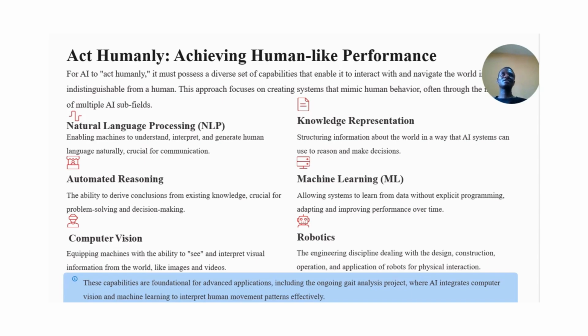It means a machine is acting like a human. So what comes to our mind when we say it's acting like a human? It should be able to do different human abilities. It should be able to speak. It should be able to learn. It should be able to see. It should be able to move if possible. It should be able to give an insight given what it has learned.